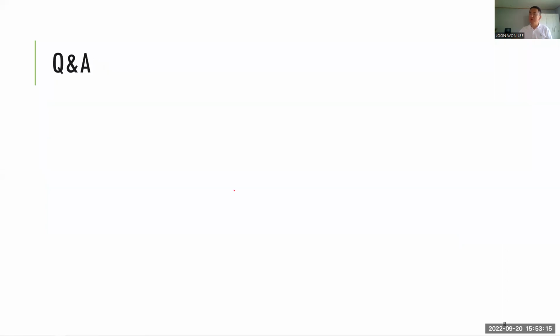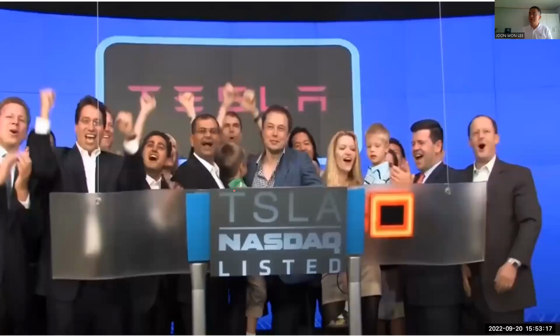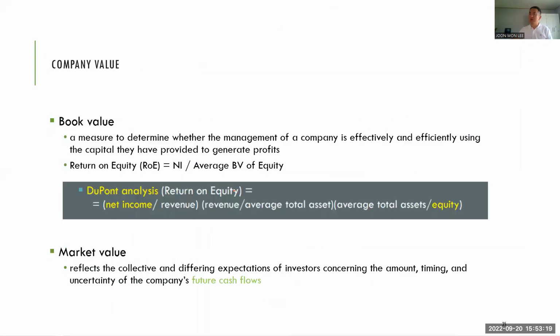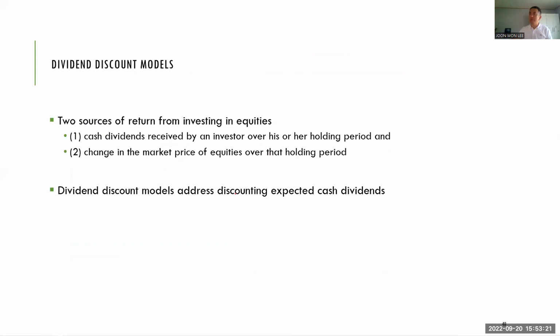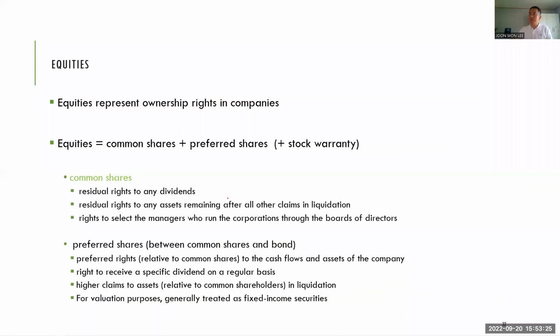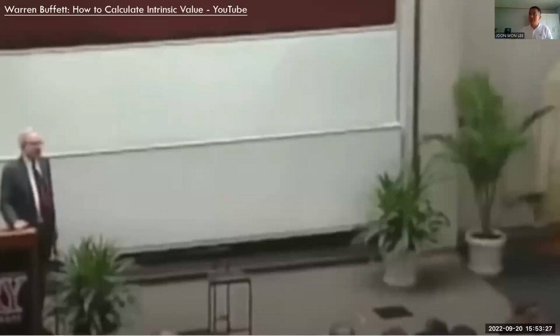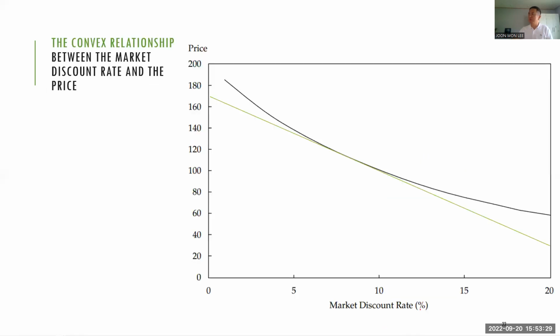If we have extra time after covering the stock market, I'm going to spend a little more time explaining the fixed income part. Okay, so any questions or suggestions?